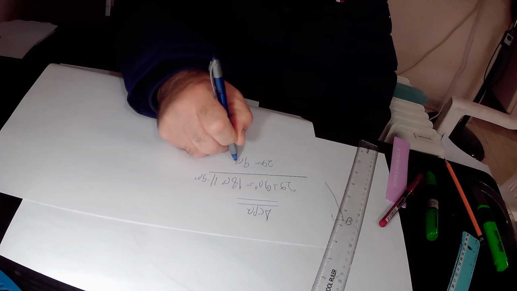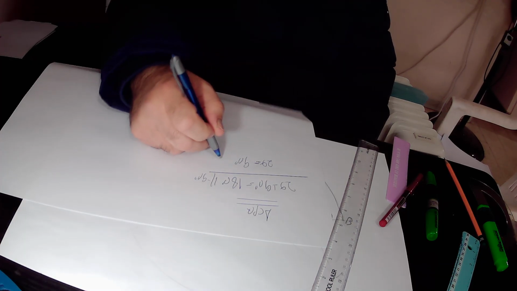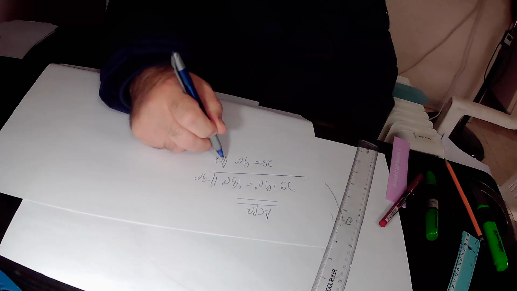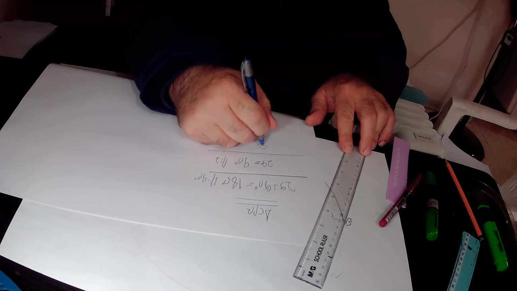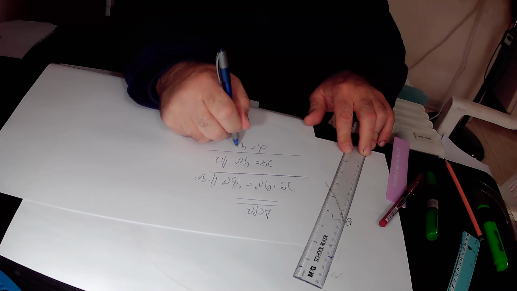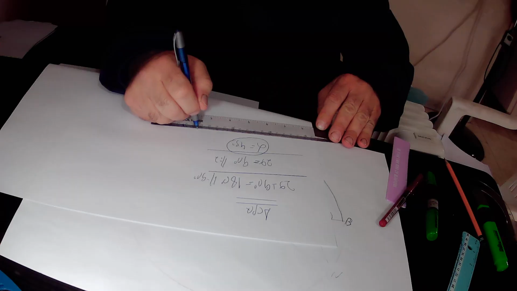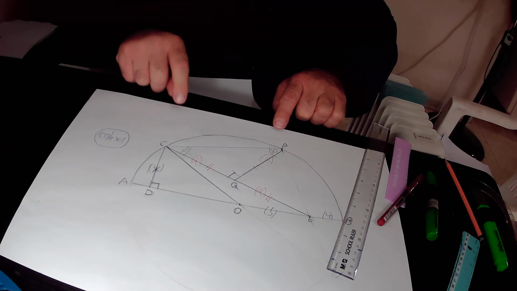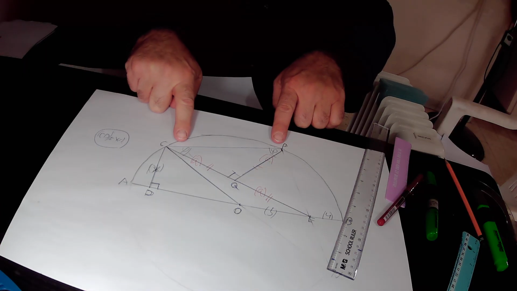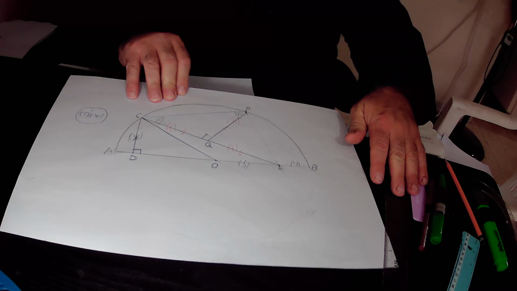So 2 alpha equals 90 degrees. Here we divide this equation by 2 and finally get that the missing angle alpha is equal to 90 degrees over 2, which is 45 degrees. Those two angles are both equal to alpha, and therefore each of them is equal to 45 degrees in its size. So, written down.